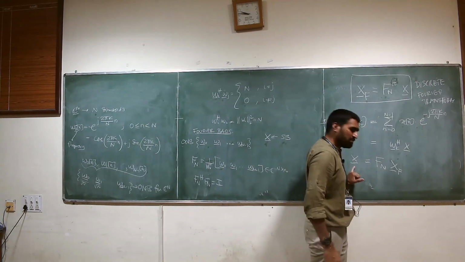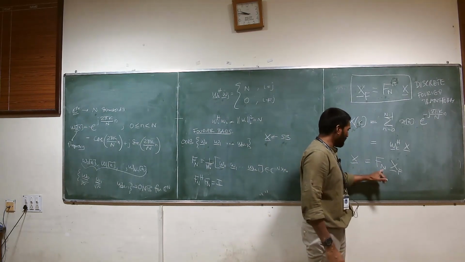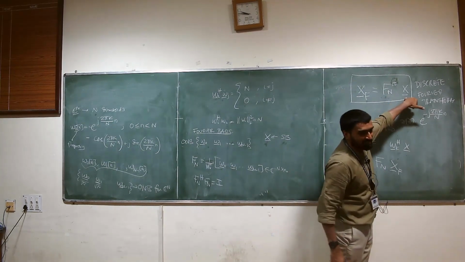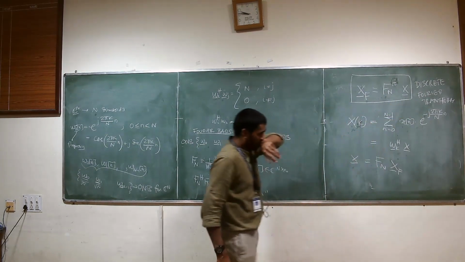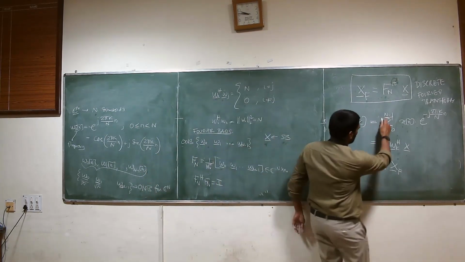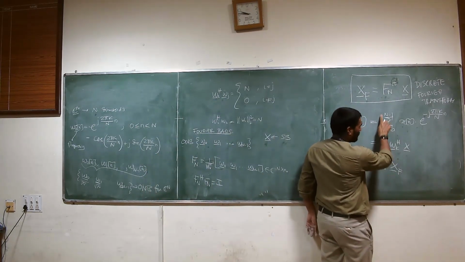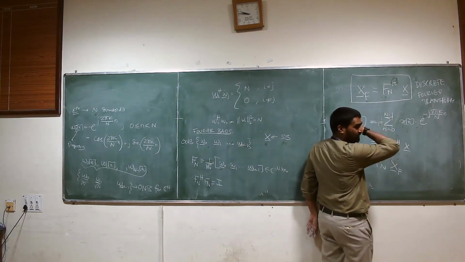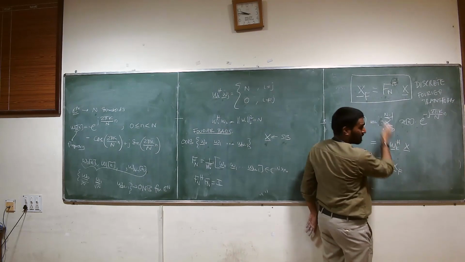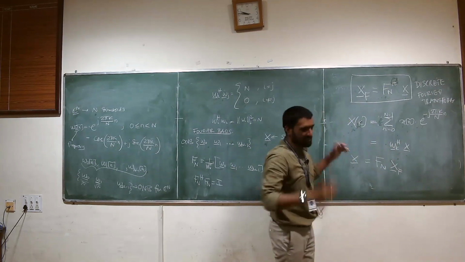Ax equals b. You get x by doing A inverse b. That's what this is. The only difference is there is no 1 by root n here. The n is taken care of in the inverse DFT, where instead of having 1 by root n in both, the inverse has 1 by n. That's all.